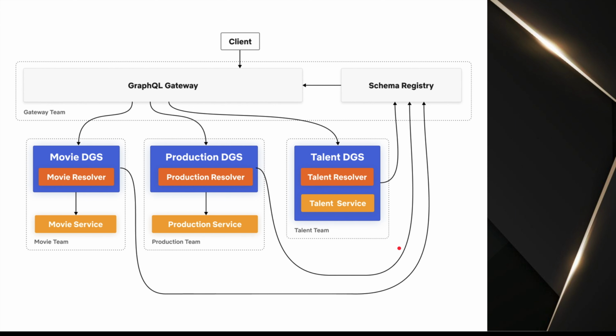So this is the diagram I was talking about. They have a client which hits the GraphQL gateway, and this gateway will then route the request to the specific resolver, and the resolver can actually be in the same service as the rest of the service, or it could be a separate service on itself, but still owned by the same team.